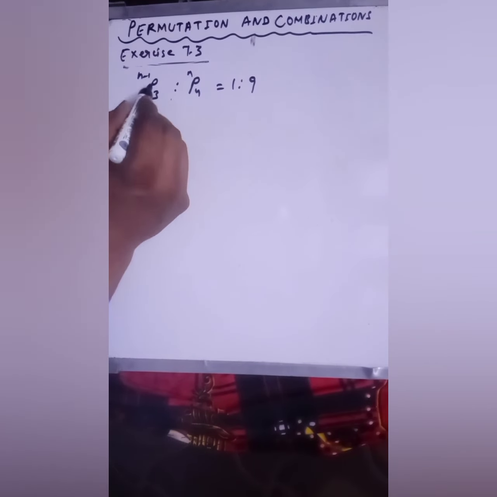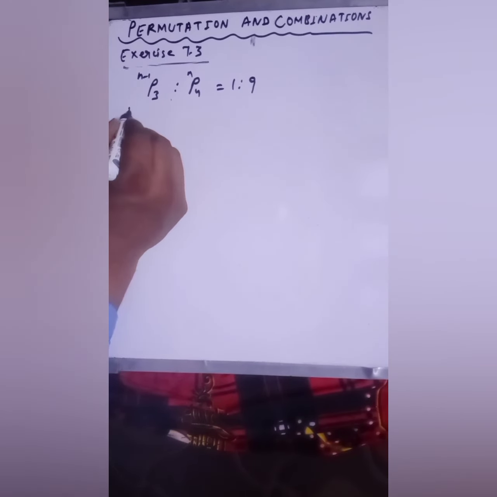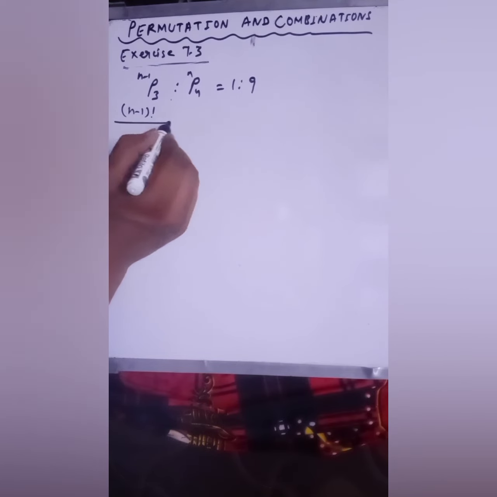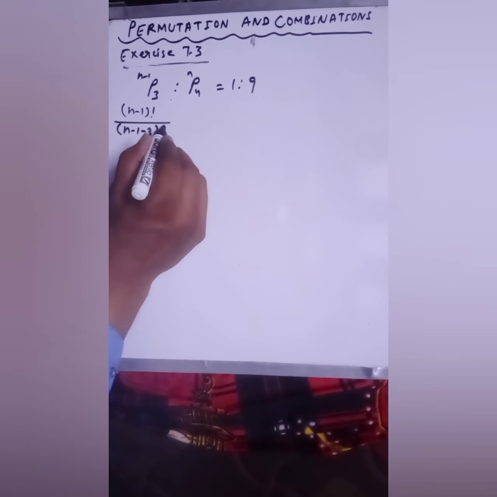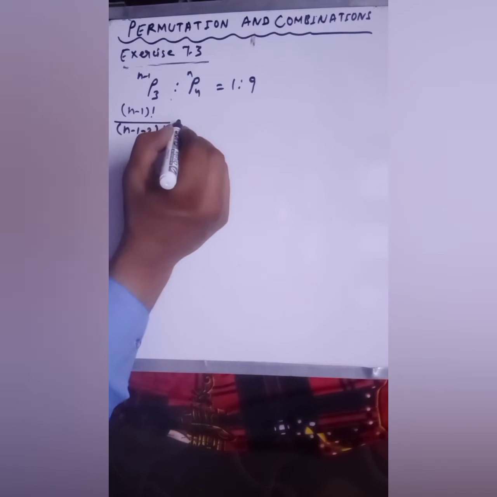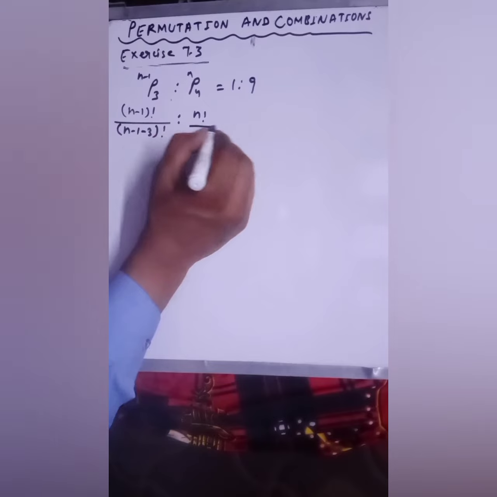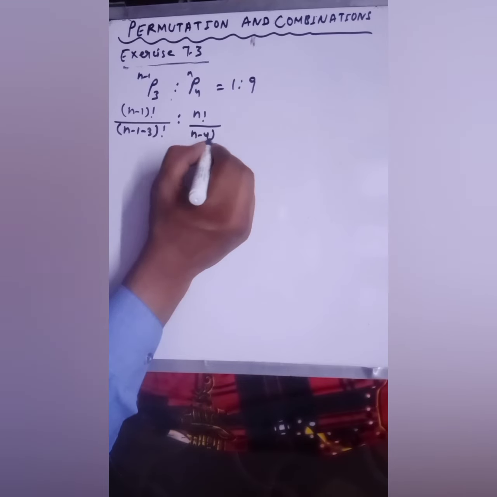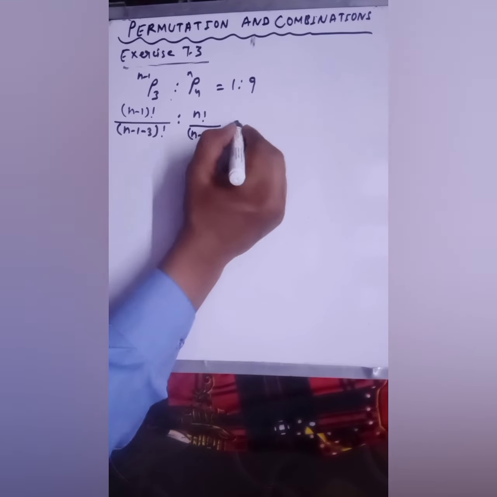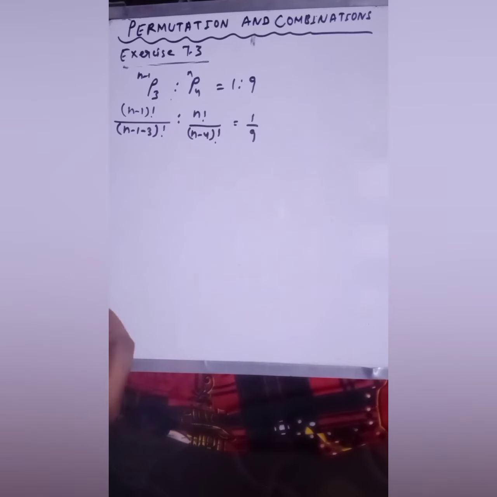See, apply the formula here. It would be (n minus 1) factorial over (n minus 1 minus 3) factorial. Got it? This ratio is n factorial over (n minus 4) factorial, that is equal to 1 by 9.